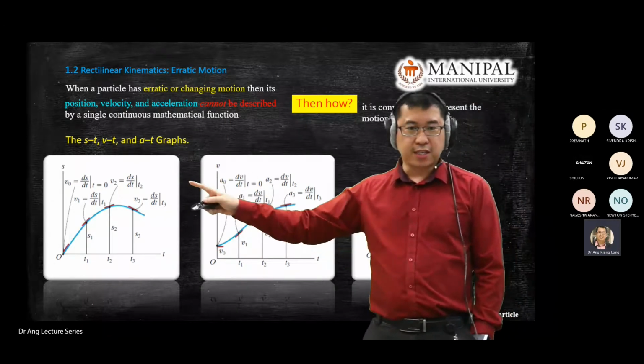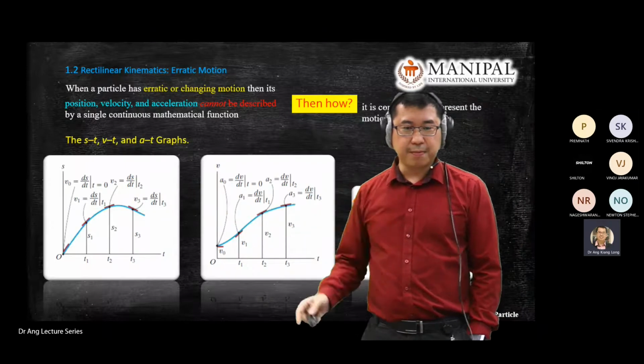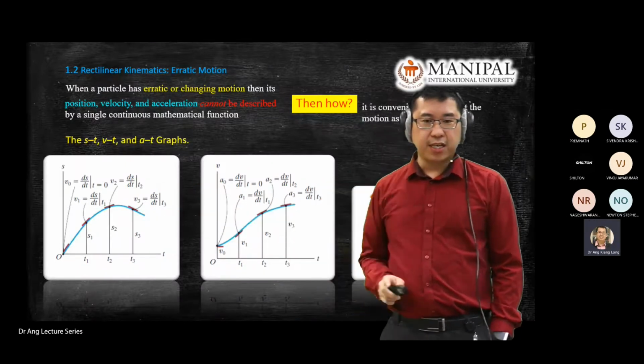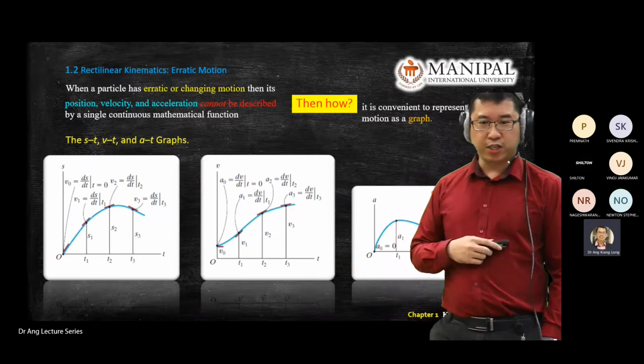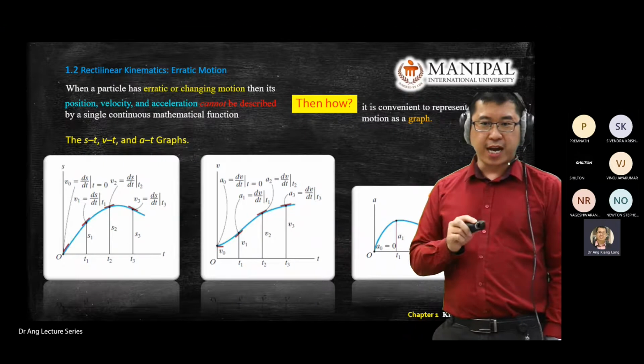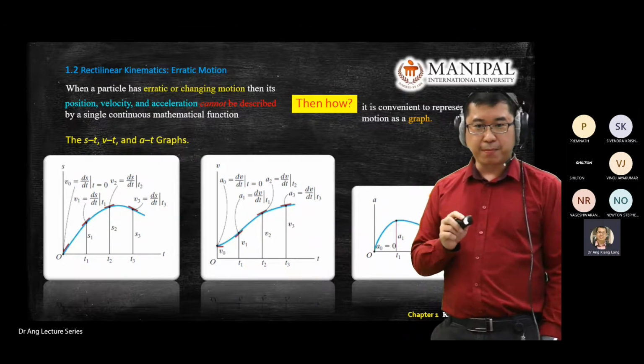Velocity is displacement divided by time, or you take ds over dt, which is a differential equation. So if you're very weak in differentiation, it's time to revisit your mathematics textbook.